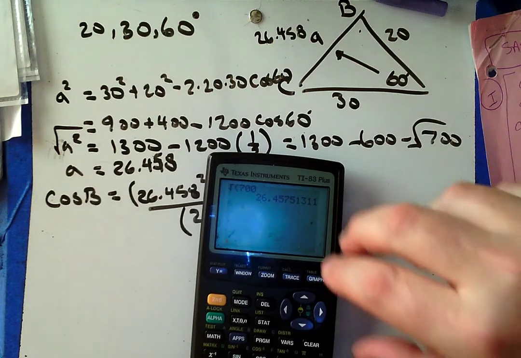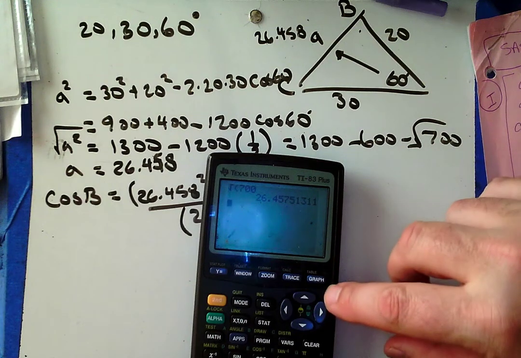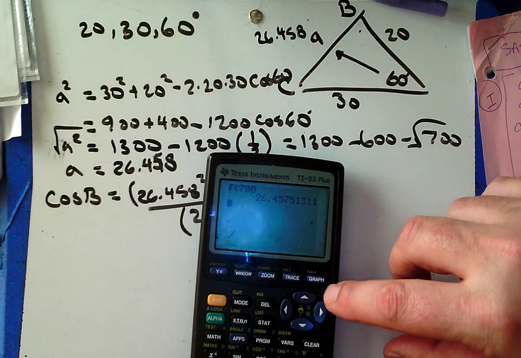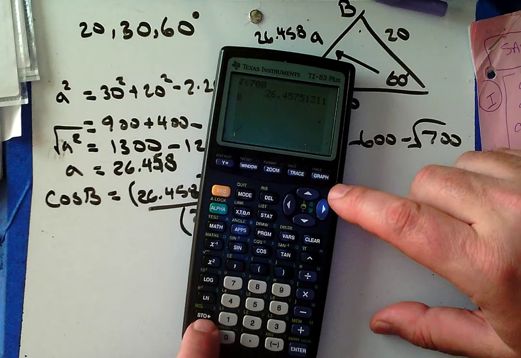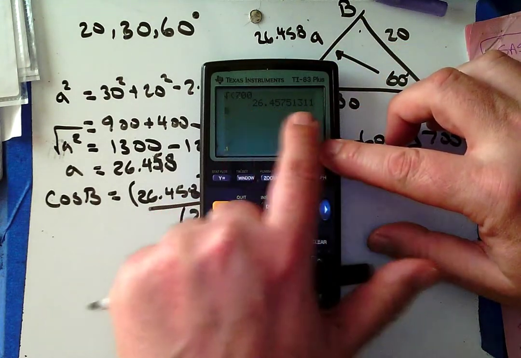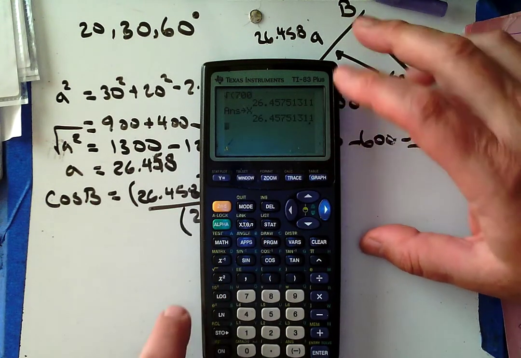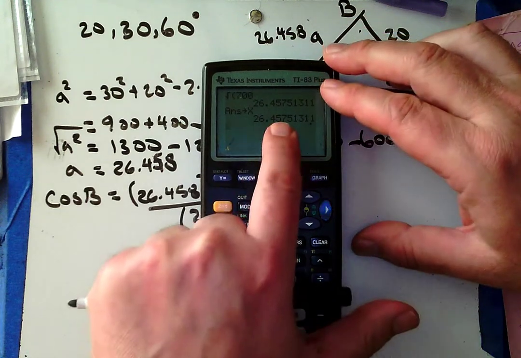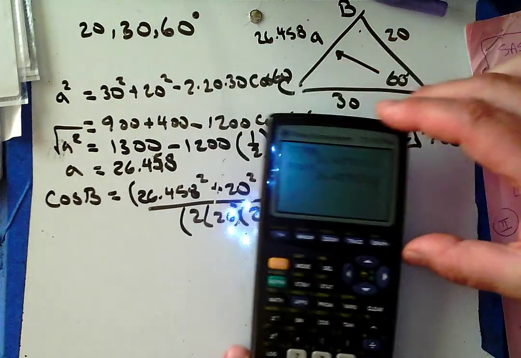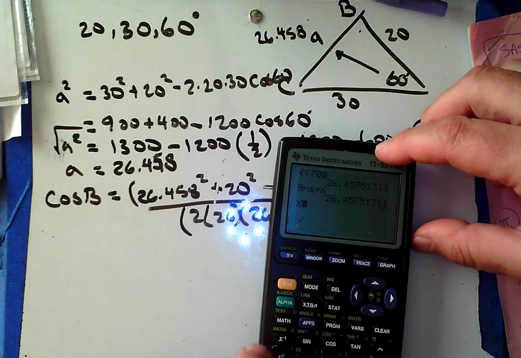Okay. So I'm going to do something, and you may not have seen this before. See that little STO button down there? STO. I don't want to type this number a couple of times, so I'm going to store that number in X and hit enter. That way, anytime I want this number, I just have to type in X. So I want that number squared, so I'm going to type X squared.